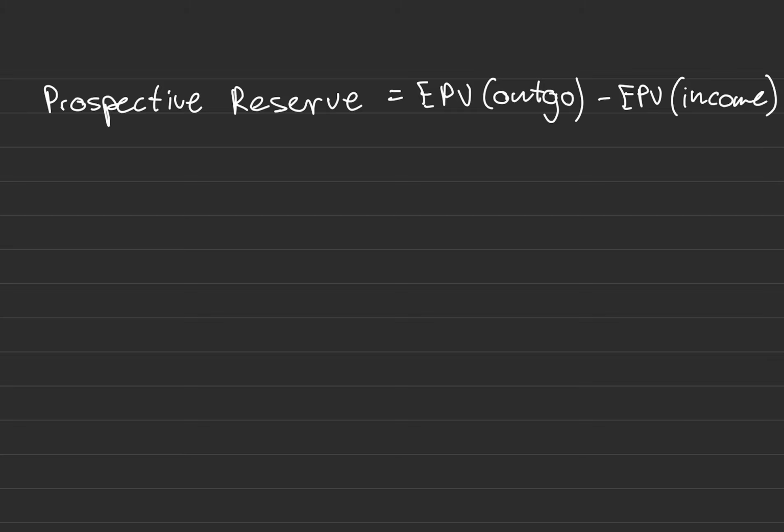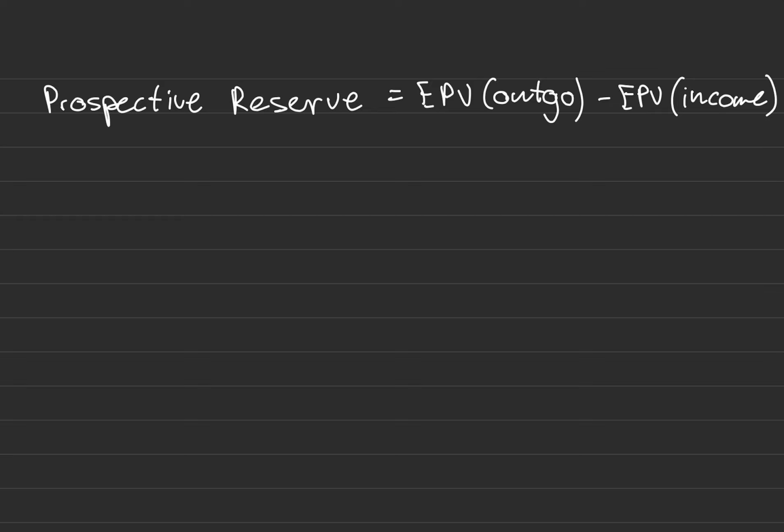Okay, so why does this make sense? Let's think about it. Well, we said the reserve is the amount that this insurer needs to set aside now to meet future liabilities. So what is future liabilities? Well, future liabilities in today's terms is the expected present value of whatever I need to pay less what I'll be receiving. Okay, this is now the difference that is an outflow.